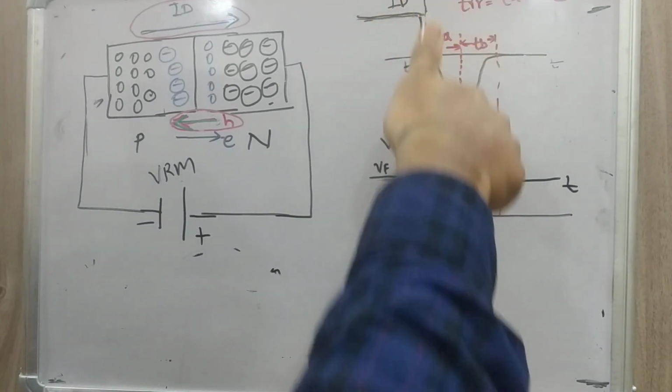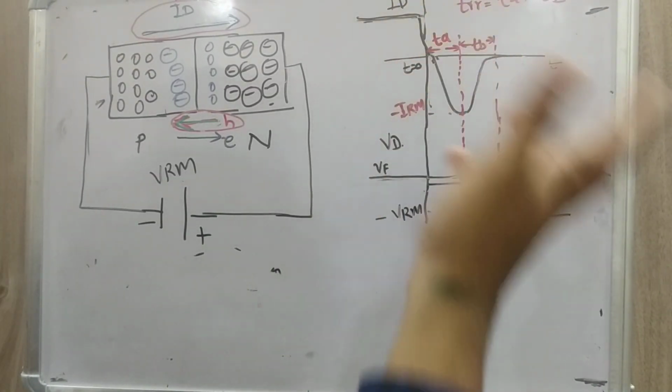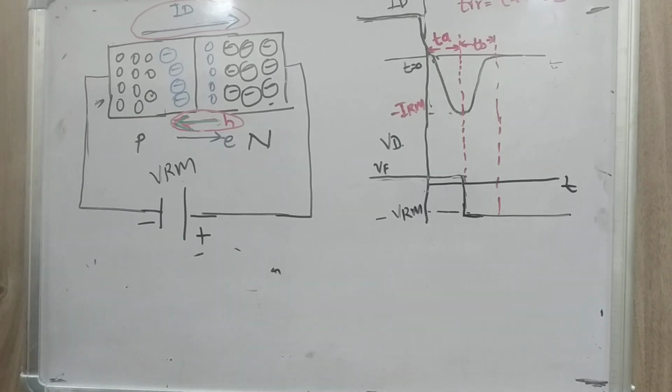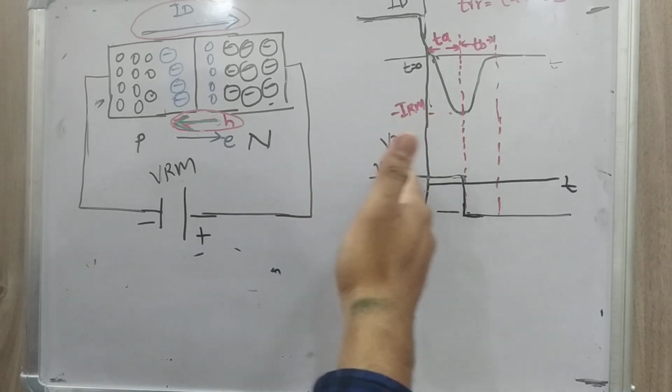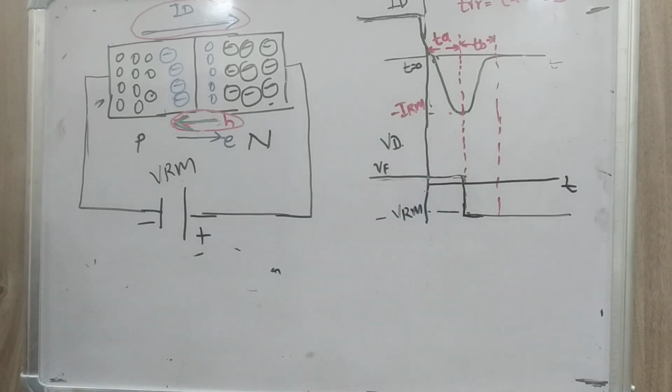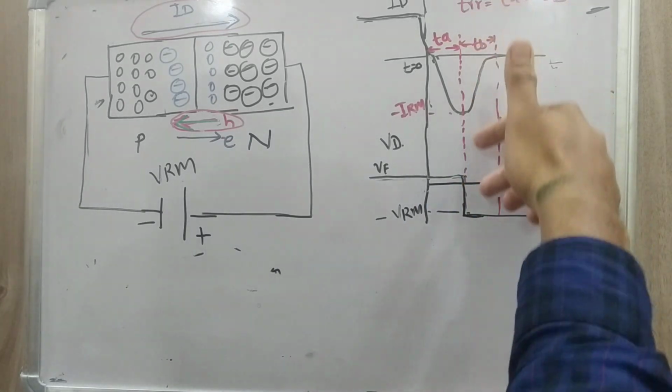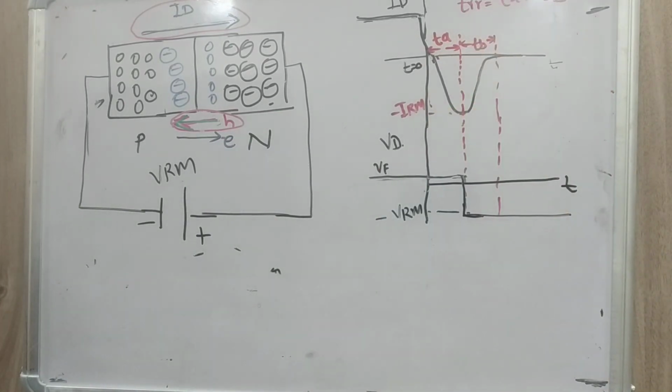The multiplication of these two, V into I, the instantaneous power, will be less because it is multiplied by VF, which is small. But during time TB, it will not be less; it will be a significant amount, and that is the more contributing factor to the reverse recovery power loss in the diode.